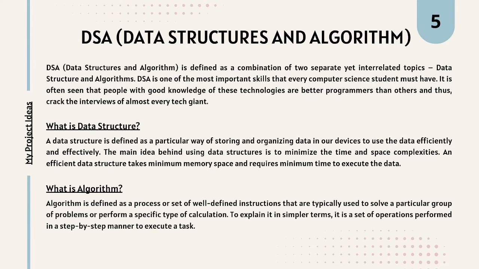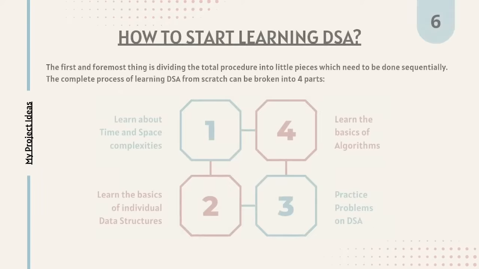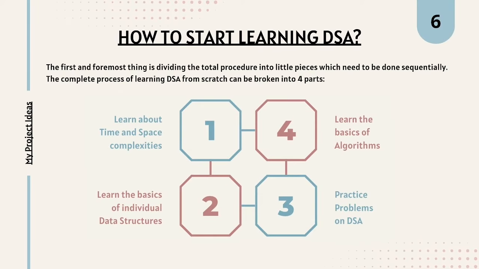So this is basically a well-defined set of instructions which define the data flow. Got it? How to start learning DSA? Important, guys, because if you start the wrong way, in the middle or in the end, you are going to repent.